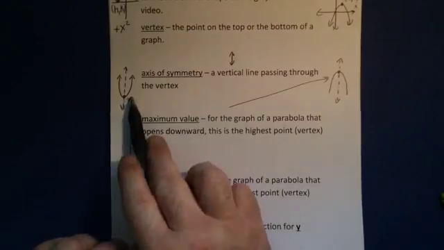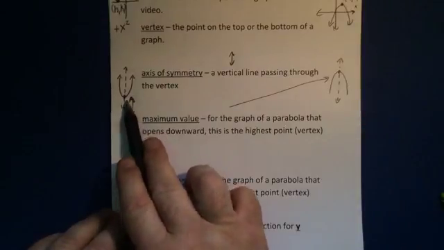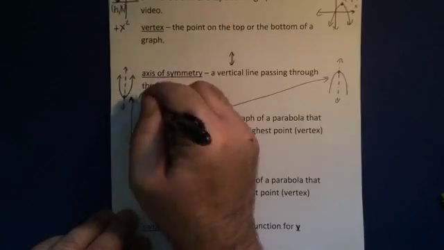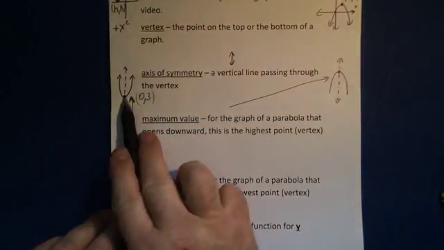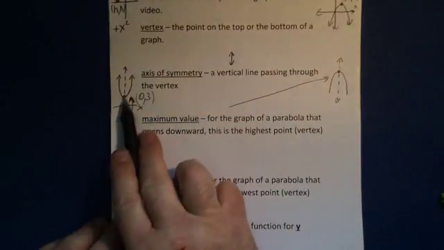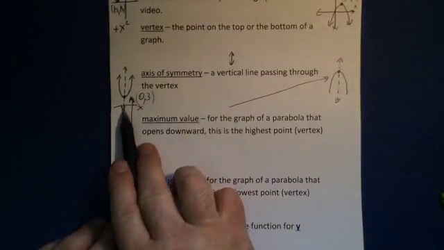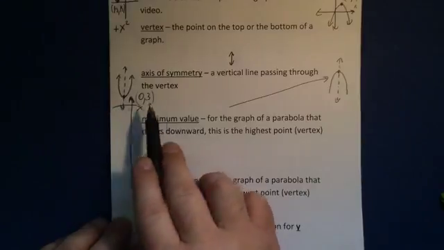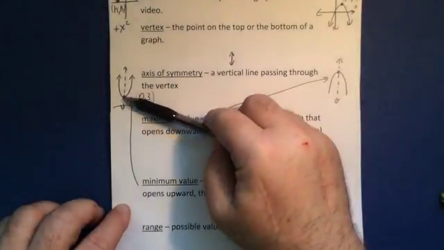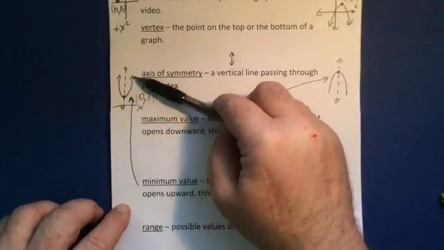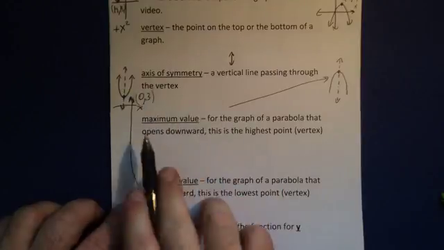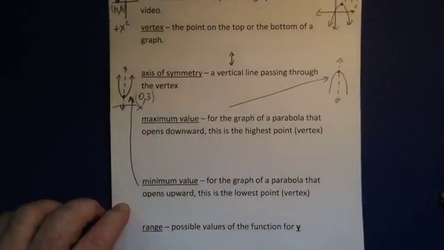For example, let's say we look at this function here, and let's just say this point is 0, 3, and let's say that the x-axis is down here. So this is 3 above the x-axis. If I wanted to find the range of this, this graph goes as low as 3, but on either side it is going to increase to positive and go up all the way to infinity.